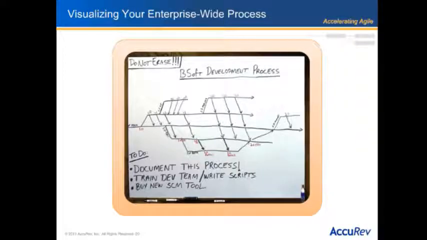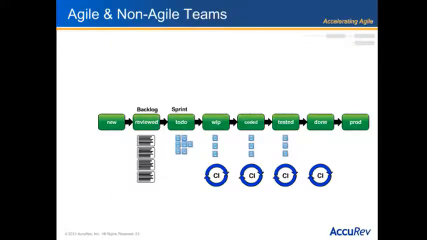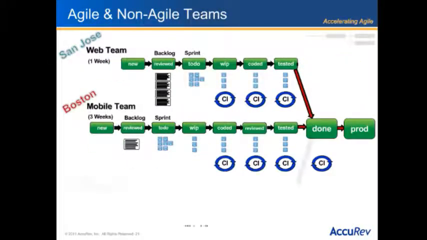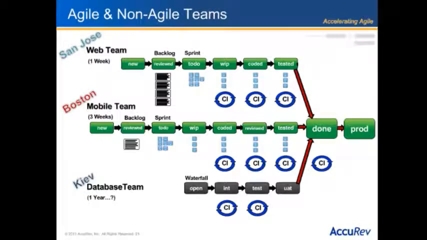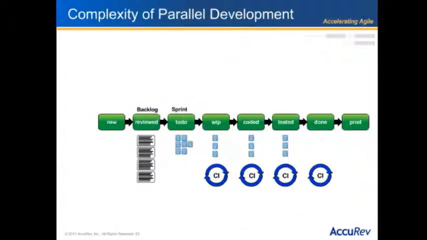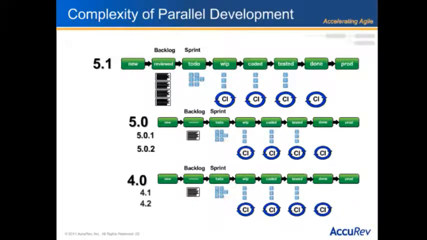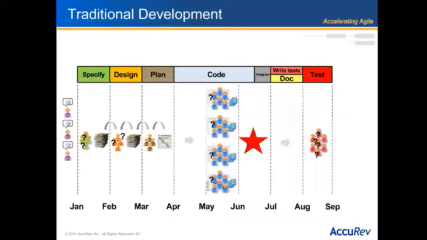But now think about it. If you're doing what I've been talking about, and you're doing it in different teams, in different places across the world, that's a lot more to visualize. And if you've got different versions of the product, that's a lot more to visualize, right? And it's going to be a mess, right? So things break, questions go back, right?